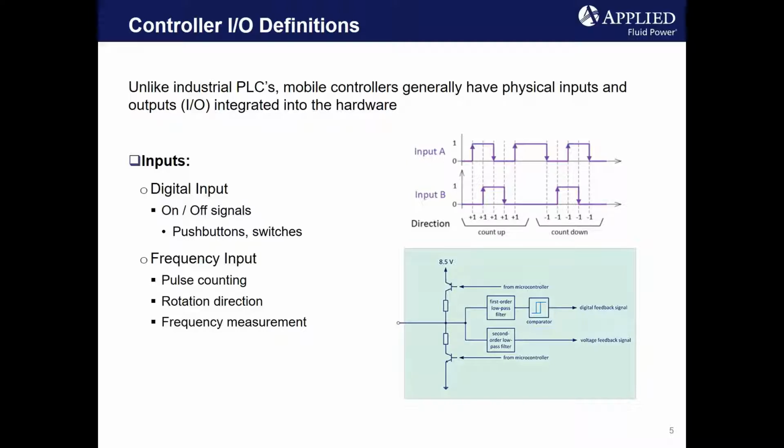So if input A, as you can see there, has a rising edge before input B, then it's obviously going in maybe what we'd refer to as the A direction. And if vice versa, where input B had a rising edge first before the input A, then we might consider it going in the B direction.